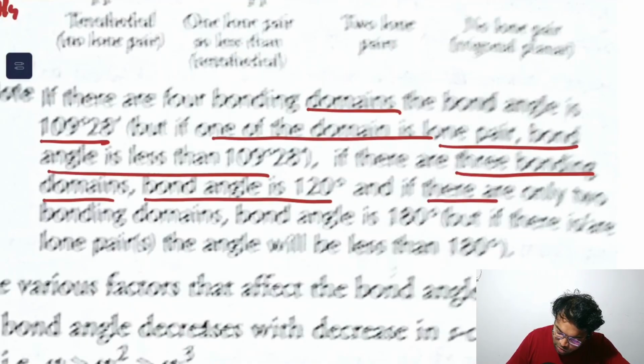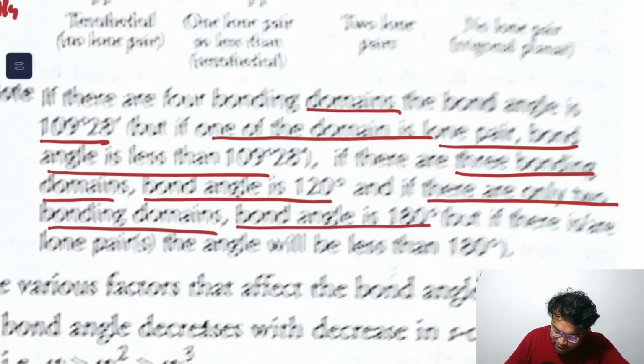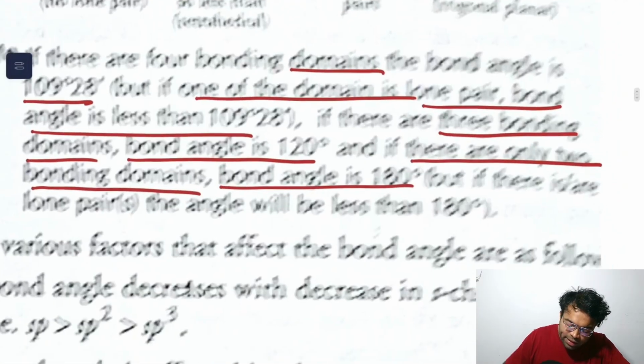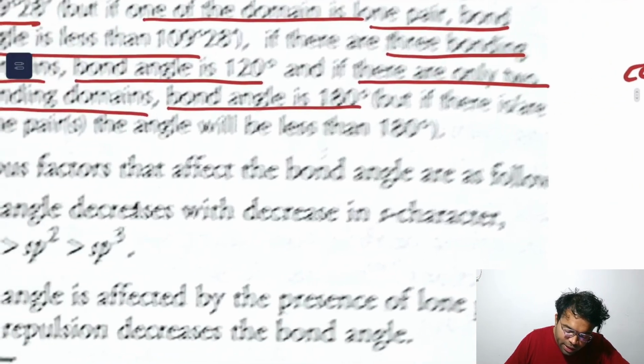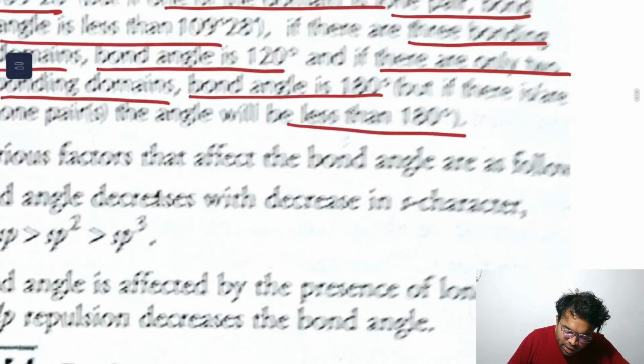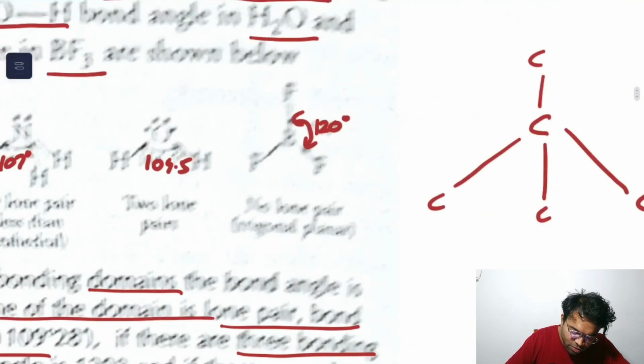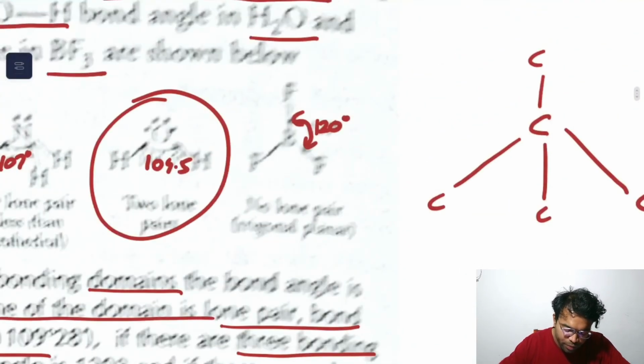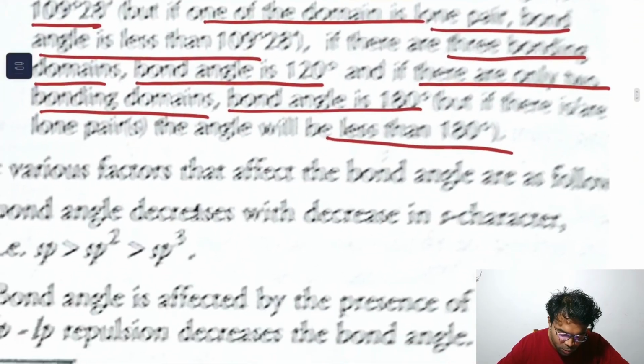If there are three bonding domains, the bond angle is 120 degrees. And if there are exactly two bonding domains, the bond angle is 180 degrees. That is the case of carbon dioxide. But if a lone pair is present, the angle will be less than 180 degrees. That is in the case of water. Okay, let's move on.